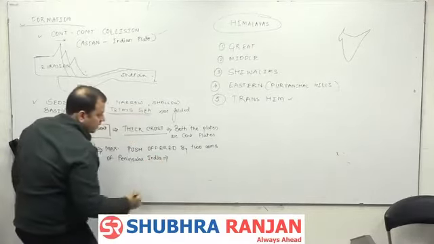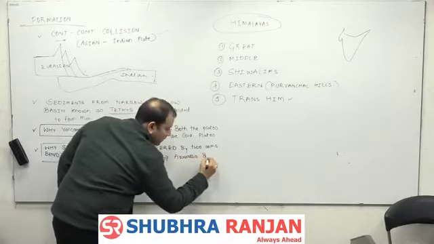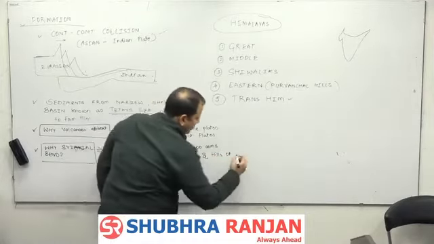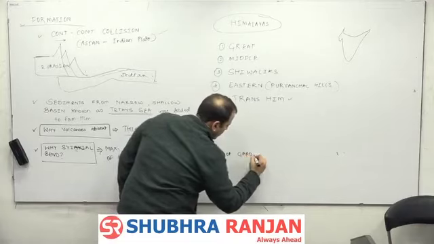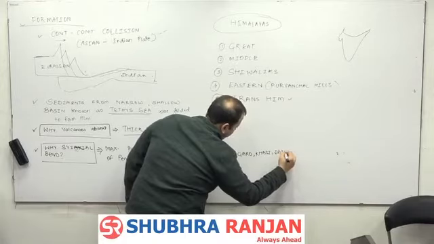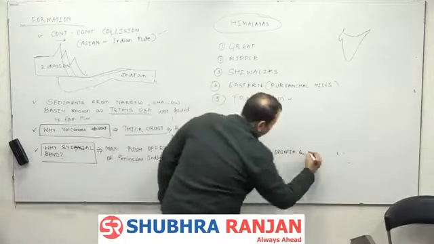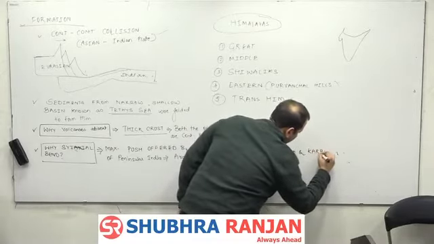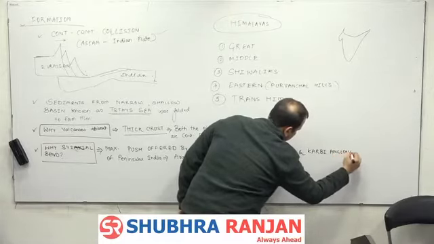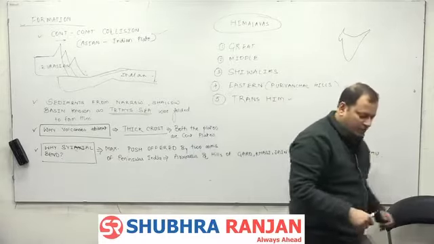That is, Aravallis and the hills of Garo, Khasi, Jaintia and Karbi Anglong Plateau region.